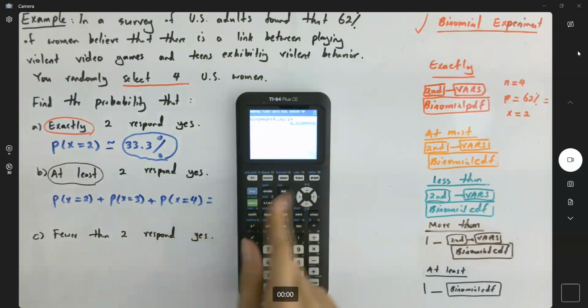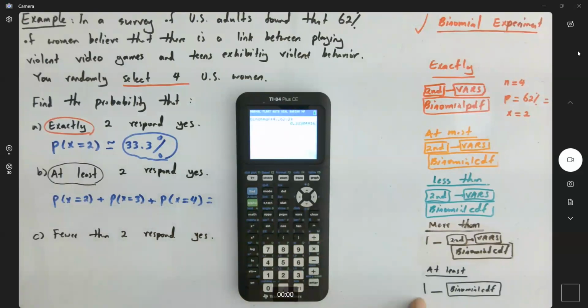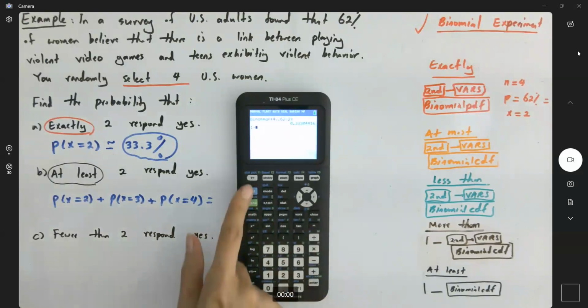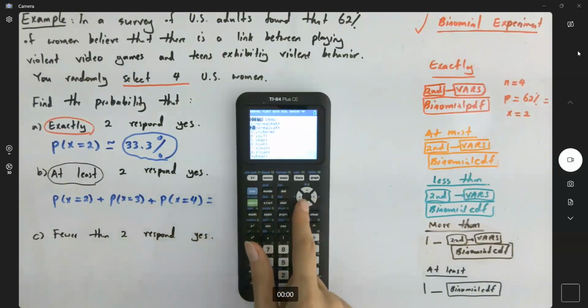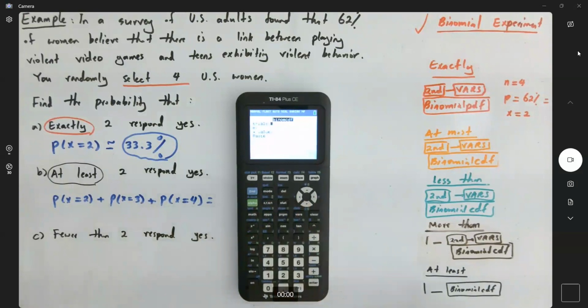Second vars, but before going to second, remember that we have a 1, so let's write down 1 minus second vars binomial CDF. As usual, the number of trials is the same, it is 4. The probability of success, 62%.